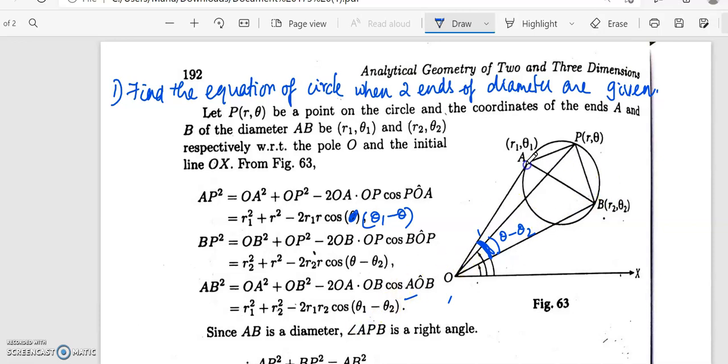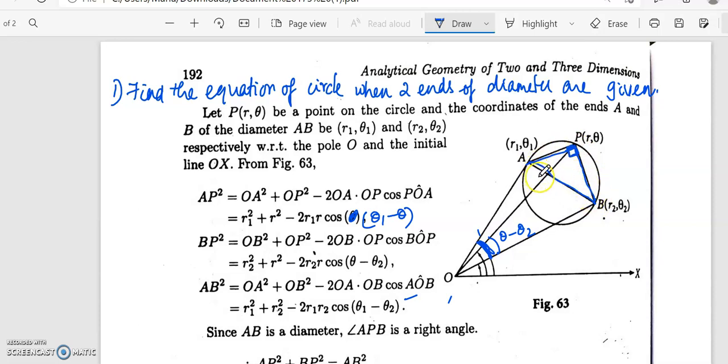So we have got AP square, BP square and AB square. As you know, for the diameter of a circle, the angle subtended by the diameter at P will always be 90 degrees by the property of the circle. So this will be a right angle triangle. Therefore AB square will be equal to AP square plus BP square.